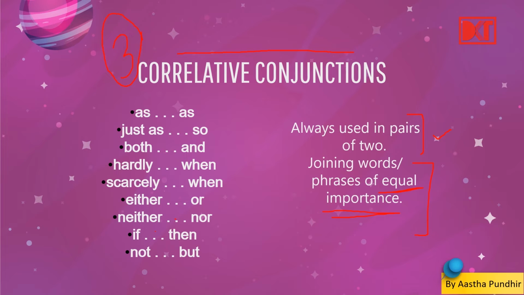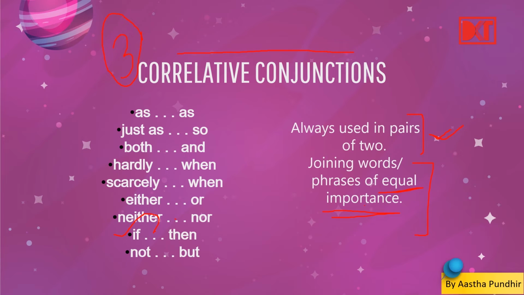Now how can we use these? Suppose we say, if you go out for a movie today, then you won't get any time to do your homework. In this, both the sentences, both the phrases, are of equal importance, and here if and then are together, so they are being used in pairs.